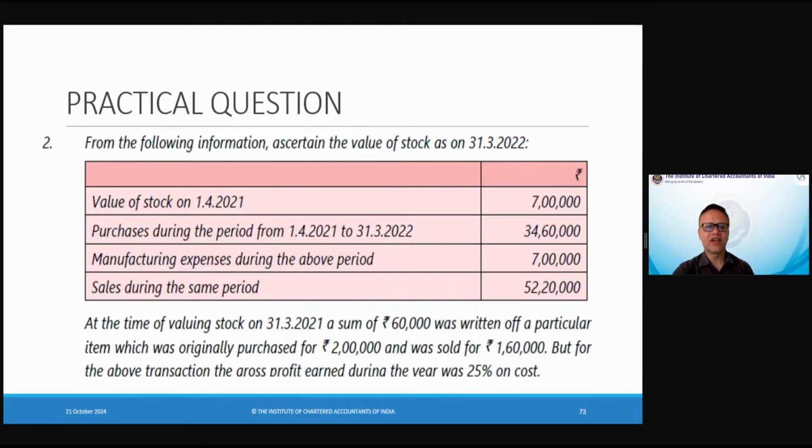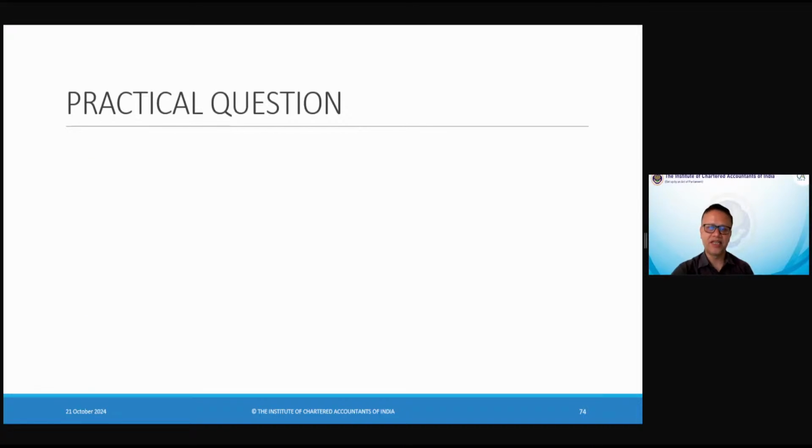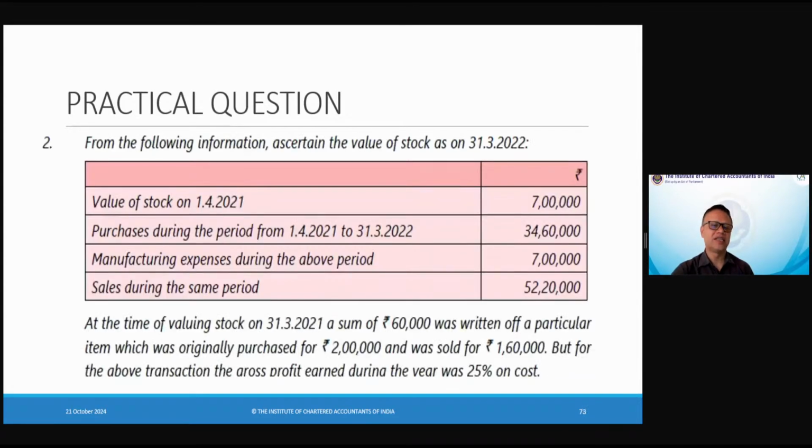Everything is fine here in this fourth question, but then you have another thing written here. At the time of valuing the stock, a sum of 60,000 was written off a particular item which was originally purchased for 2 lakhs. The stock was valued on 31st March 2021, and 60,000 was written off for that item.